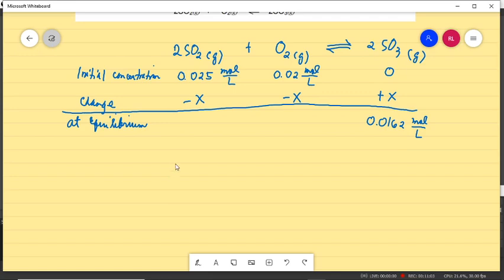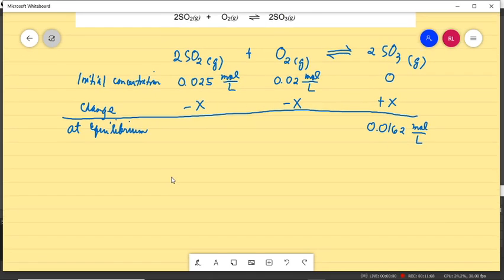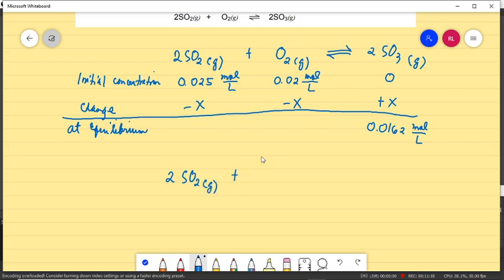Let me write here these are our coefficients. You have 2 for sulfur dioxide, 1 for oxygen gas.